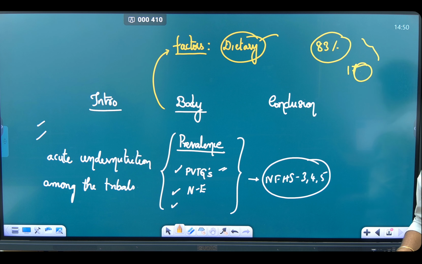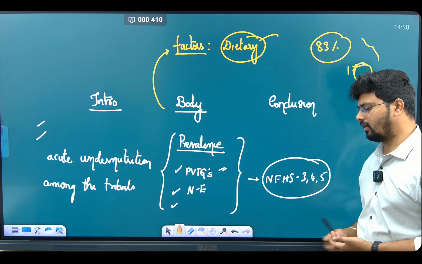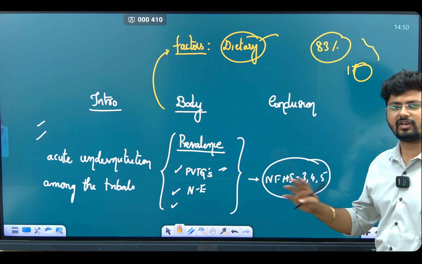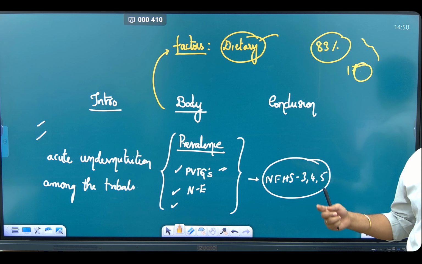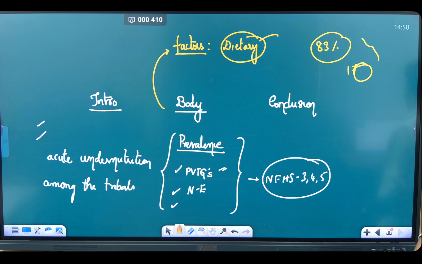Again, coming to healthcare, if you notice the prevalence of undernutrition, it is almost 36 to 38% among boys and girls. What is the reason for this prevalence? If you look carefully, you will understand that PVTGs don't have access to health infrastructure.